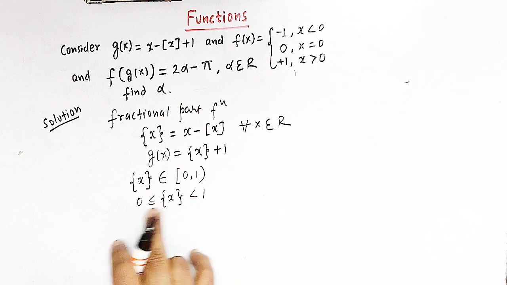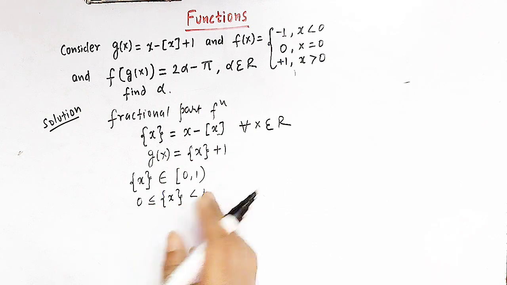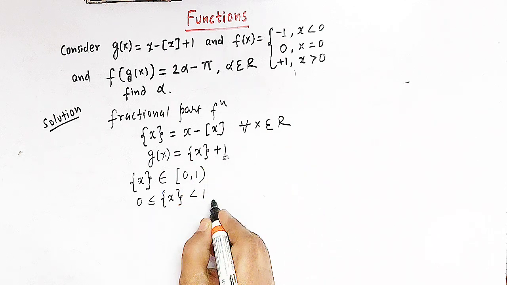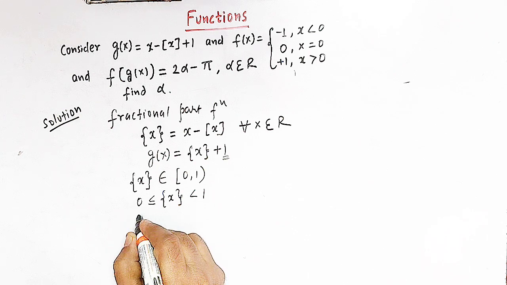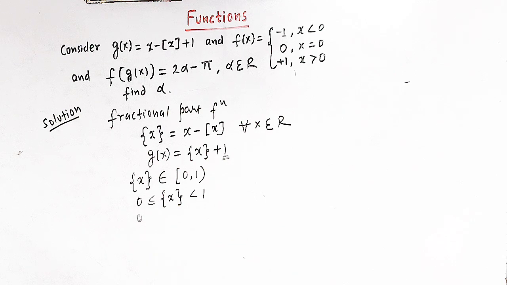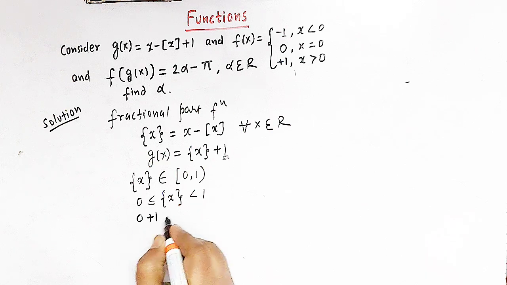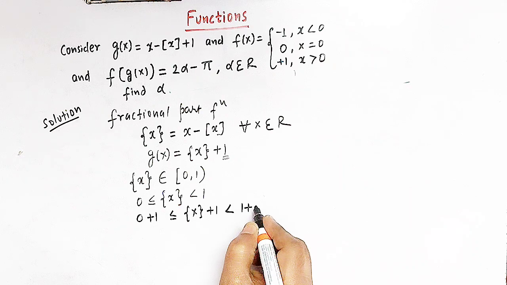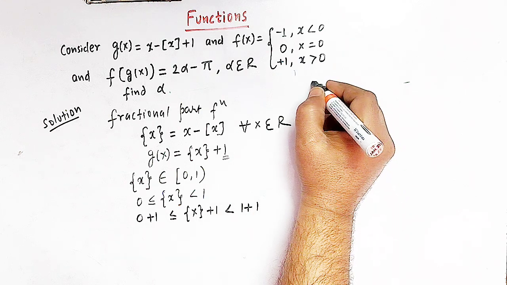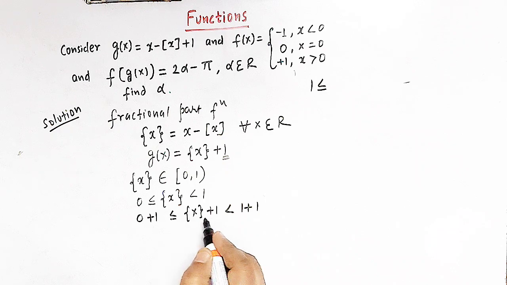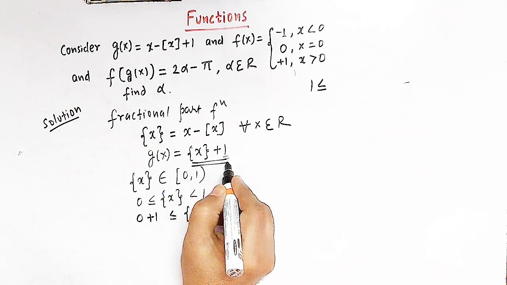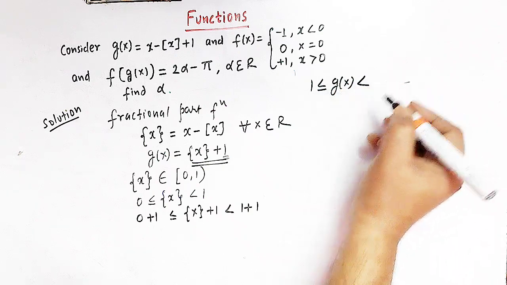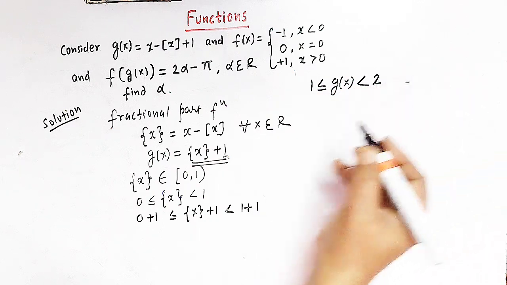Now let us add 1 throughout this inequality, because we have fractional part of x plus 1. So adding 1 throughout, we have 0 plus 1, then fractional part of x plus 1, and 1 plus 1. So 0 plus 1 is 1, and for fractional part of x plus 1 we can write the function g of x, and 1 plus 1 is 2.